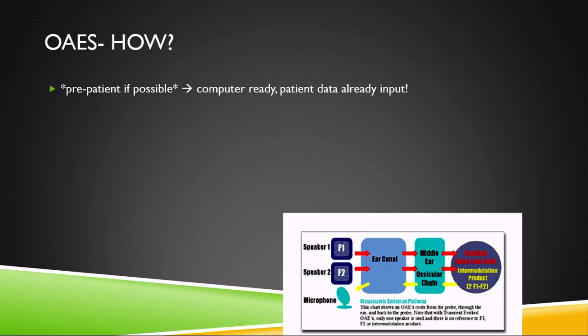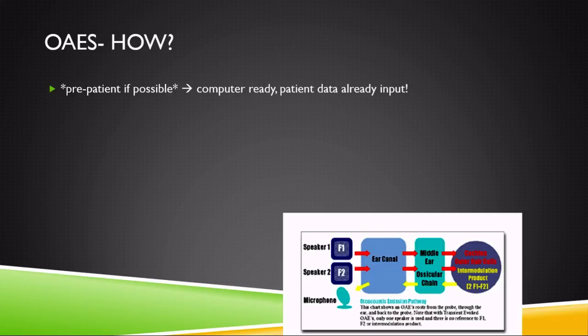What this should help you understand is that the ear canal and middle ear are very important when you're talking about OAEs, because any disruption or obstruction in either of those areas is going to make it difficult to measure an OAE. Again, it doesn't mean it's not there, but it will be very difficult to measure.